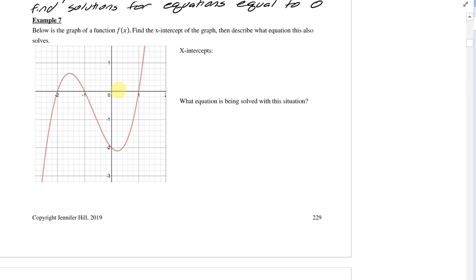The first thing I want you to do is identify what the x-intercepts are. In this case, it's these 3 points here. Those are the points (-2, 0), (-1, 0), and (1, 0). Those are my x-intercepts. And with this, we can actually solve a particular equation.